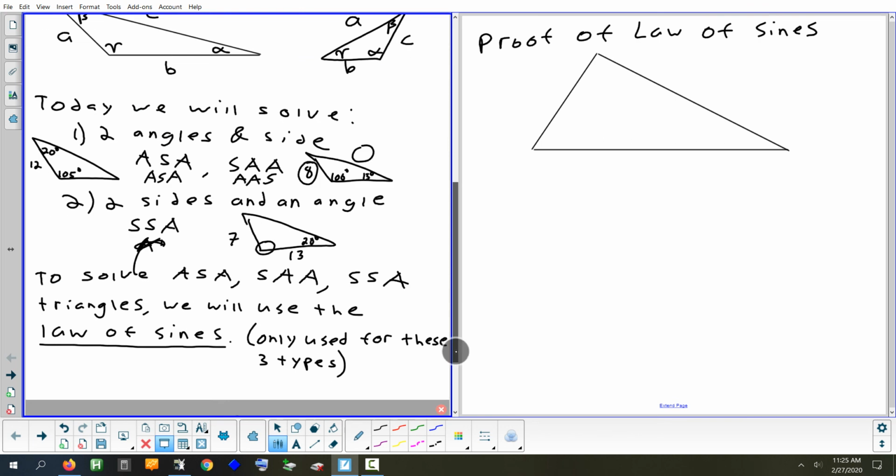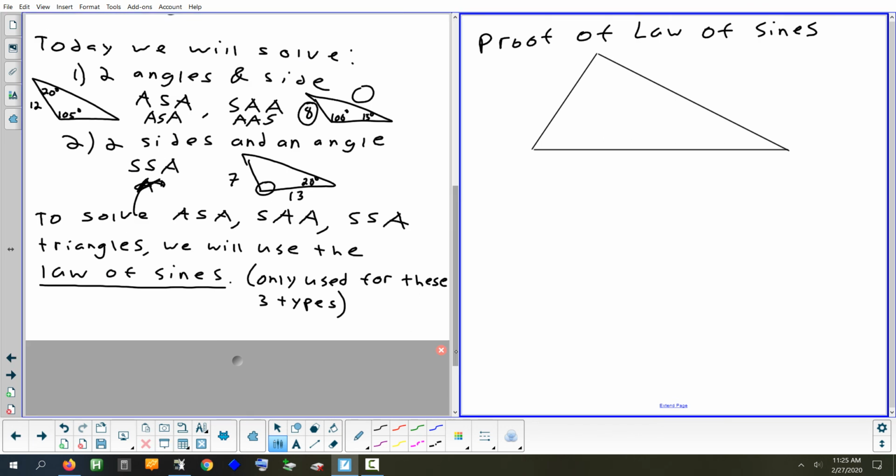All right, so to kind of show you where it comes from, it actually is based on something that we already have done, right triangle trick, like the opposite, adjacent, and hypotenuse.